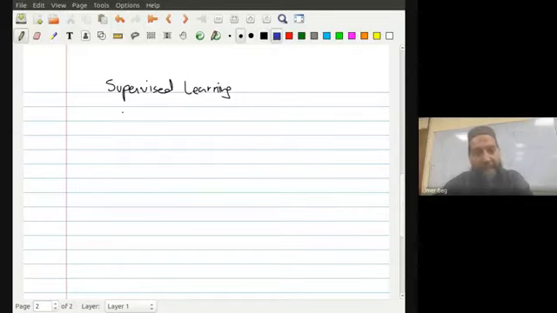Supervised learning is that we are given as input to the learner a training set T, a training set of M hand labeled documents.